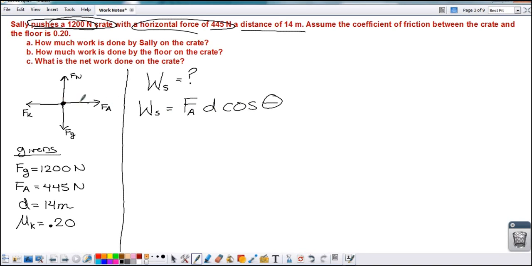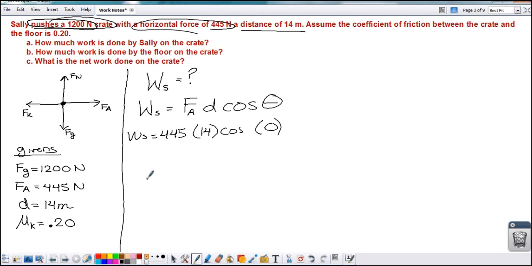Well, the force is being applied to the right, the crate is moving to the right. So the angle between to the right and to the right is 0. The distance we wrote down was 14 meters. And the applied force that Sally is pushing with is 445 newtons.